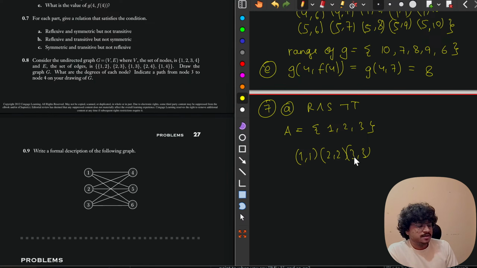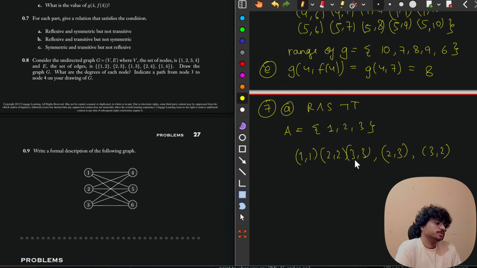This is already reflexive. To make it symmetric, let's say I take 2 comma 3. I should also take 3 comma 2. Now for transitive, I have 2 comma 3 and 3 comma 2. It should not be transitive. I must include some element that breaks transitivity. But what?